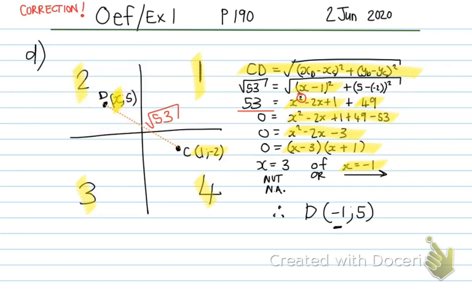D is in the second quadrant. Now I need to check which of these answers will be in the second quadrant. In the second quadrant, the x values will be negative. So that means only x is equal to negative 1 is going to work here. x is equal to 3 is not applicable. So the coordinates for D will be (negative 1, 5).